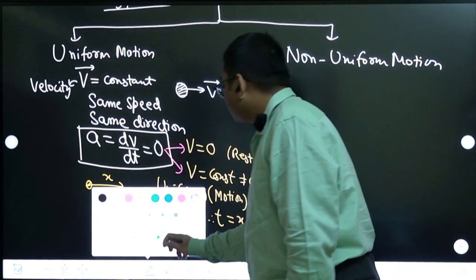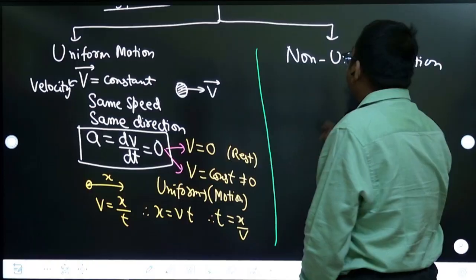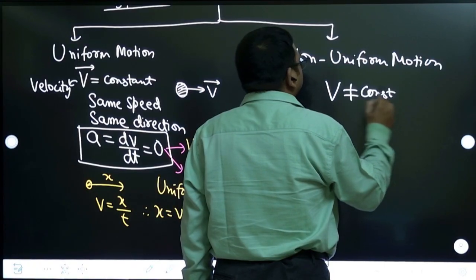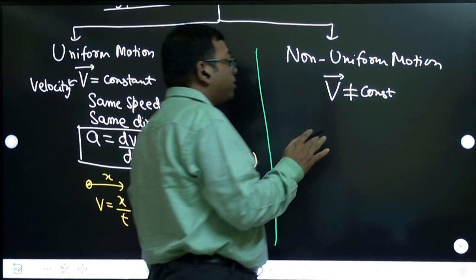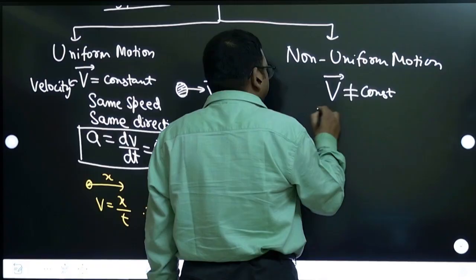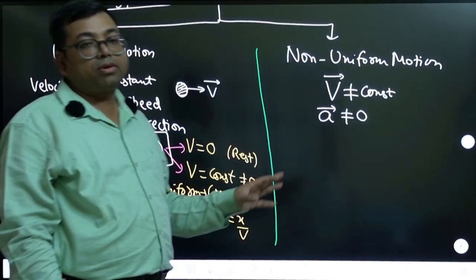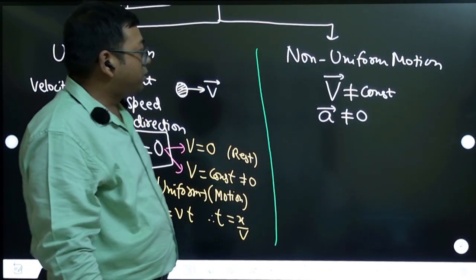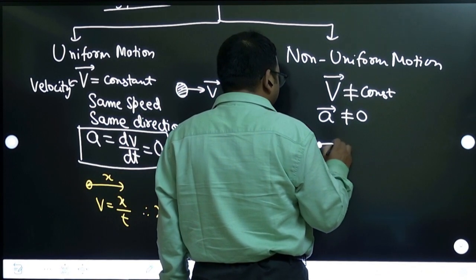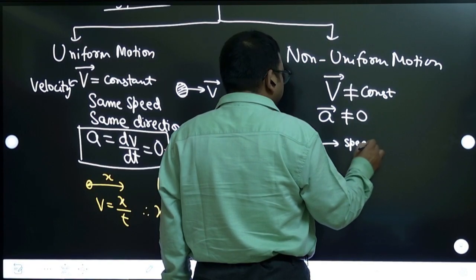So there will be acceleration, some acceleration will be there because velocity will change, right? Suppose there is a body going with some speed. There can be different ways acceleration can happen.